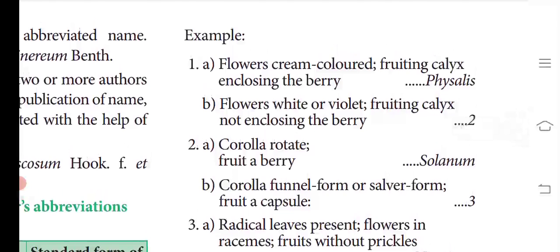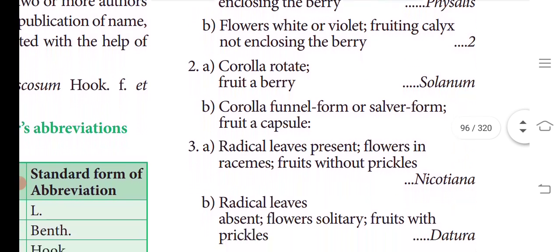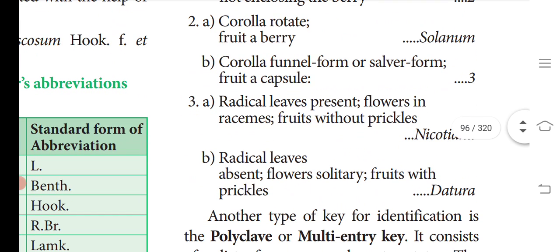Okay, flowers white or violet. Follow? If it is white or violet, then you have to go for point number 2. Under point 2, two points are given: corolla rotate, corolla funnel shaped. When you match it, you can see it is rotate in structure, then you have to go for point number 3.